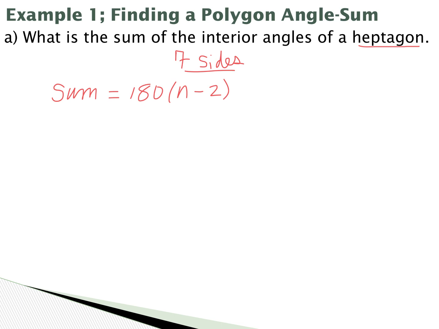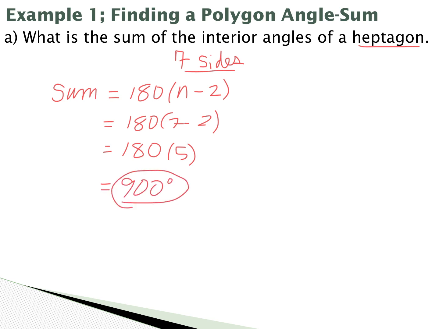Well, n is going to be the number of sides. So the sum is going to equal 180 times 7 minus 2. 7 minus 2 is 5, so we're really just going to take 180 times 5. And that would give me 900 degrees, the sum of all of the interior angles of a heptagon.